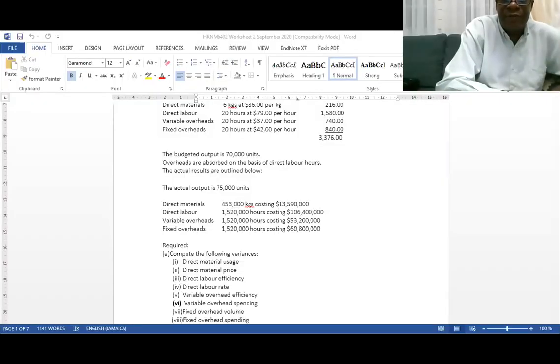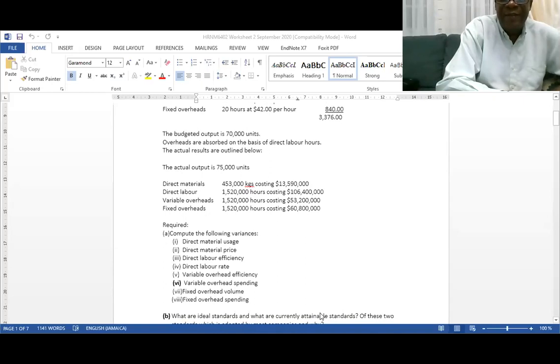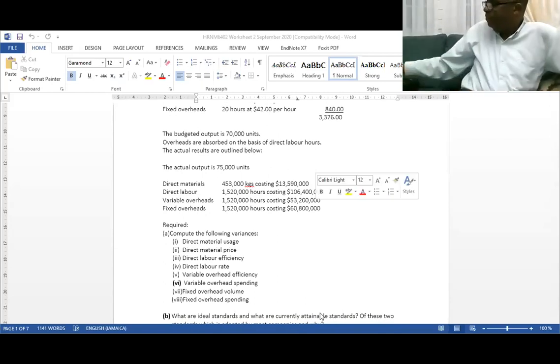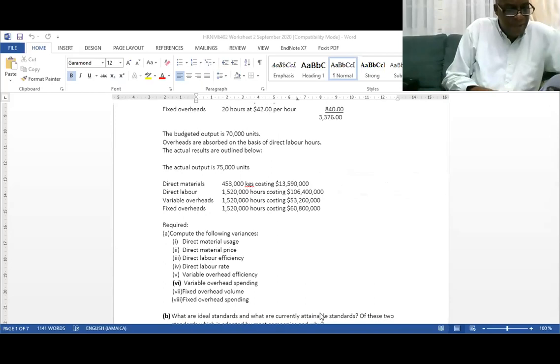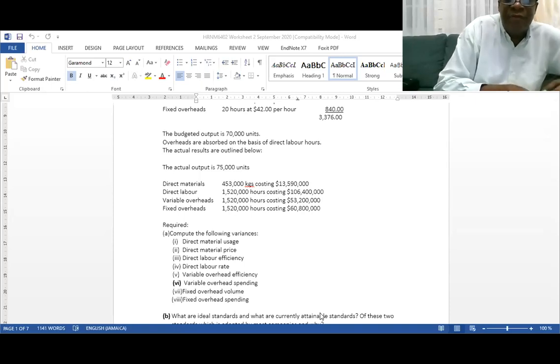And we recognized that we had 1,500,000 in the brackets minus 1,520,000 hours, and then we multiply that by $37 per hour, and that should give us $740,000.